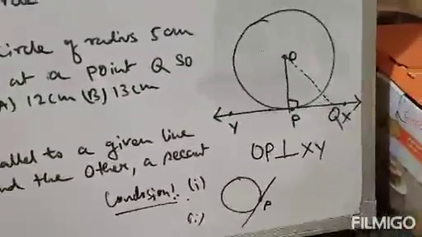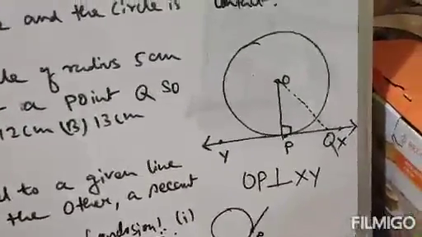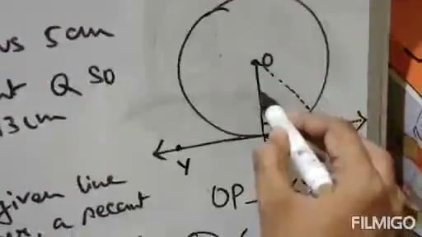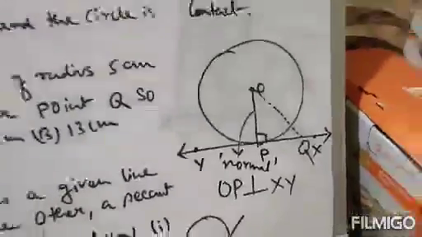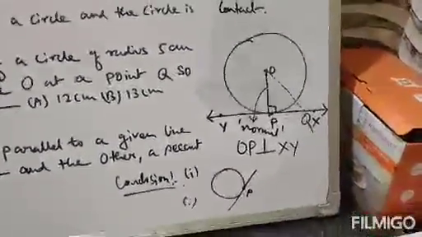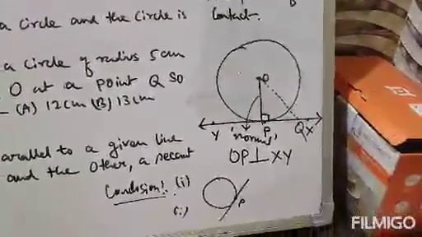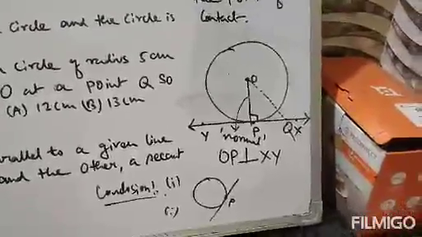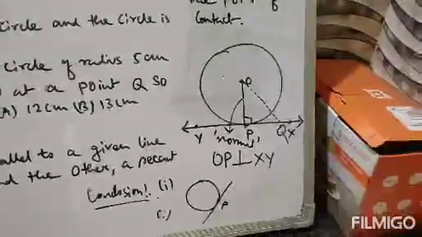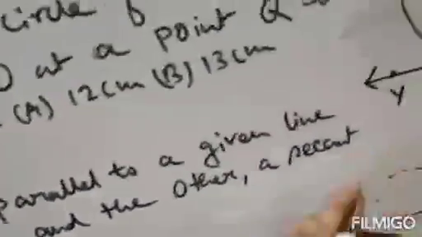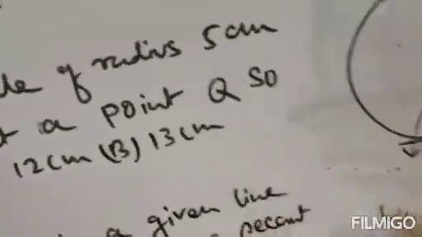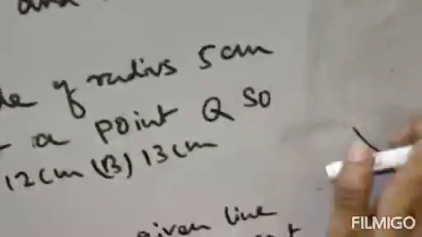So OP is actually the radius, and sometimes this OP is called the normal to the circle, as it is perpendicular to XY. That is the two conclusions we have from this theorem. Clear? So that is the theory part for this exercise, and now we will move to the sums given in exercise 10.1. So, first question.